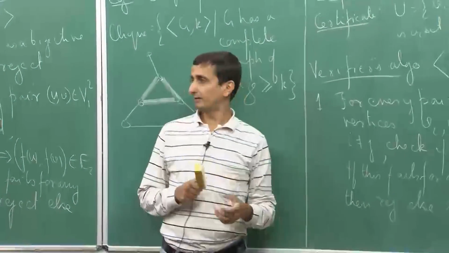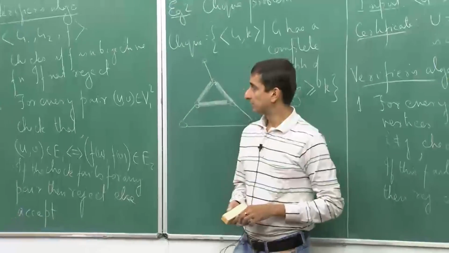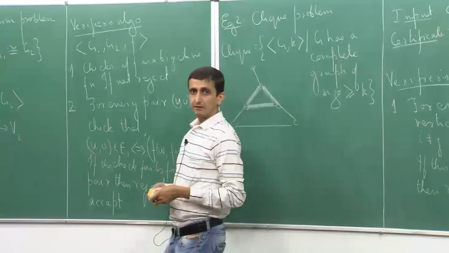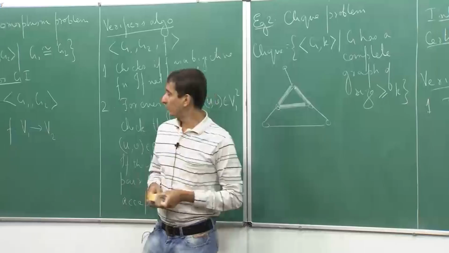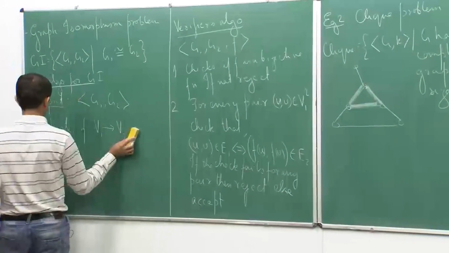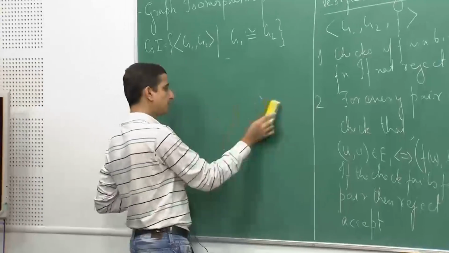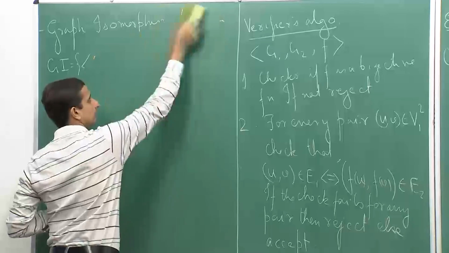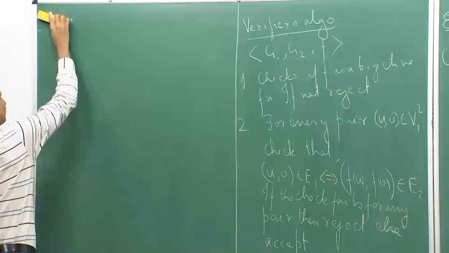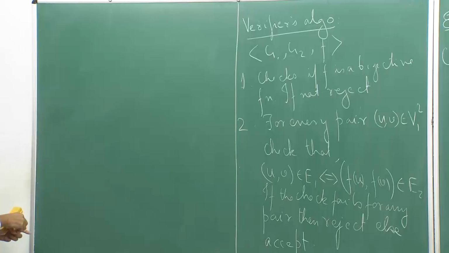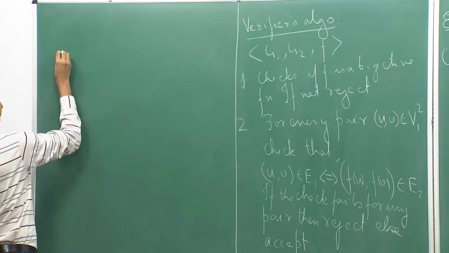Okay. So, these are two examples of problems that are in NP. So, now we will look at the class of problems whose complement problems are in NP. Okay. So, this is what is known as the class co-NP. Okay.